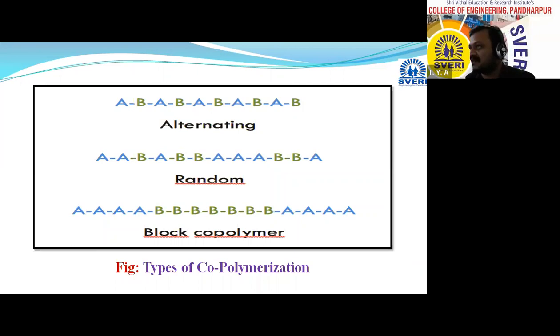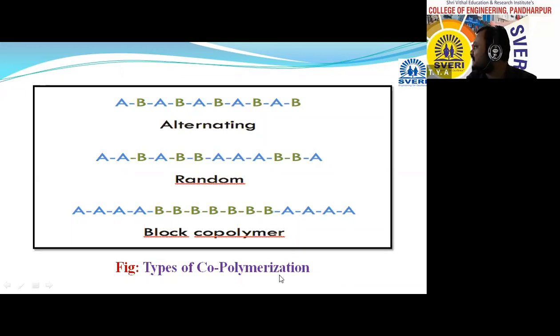You can consider this an A block and this a B block, and the two blocks are joined together. This process will be considered block copolymerization. Are you getting this? This is copolymerization only.